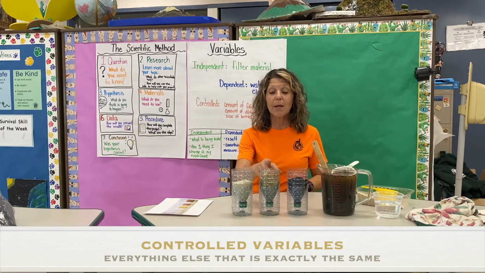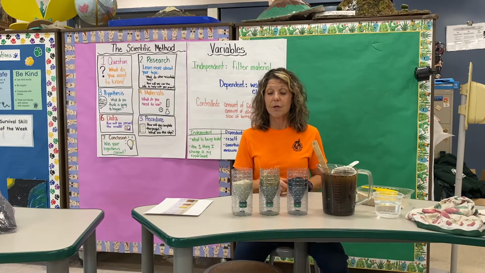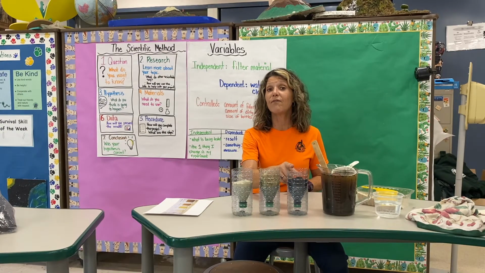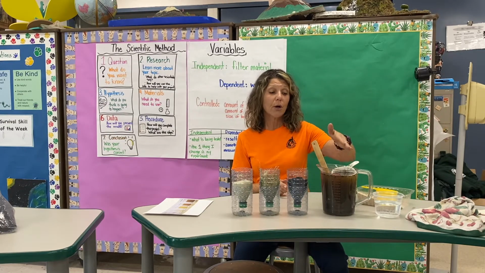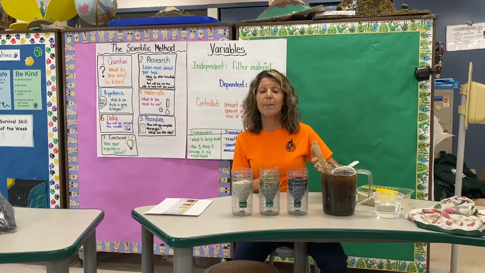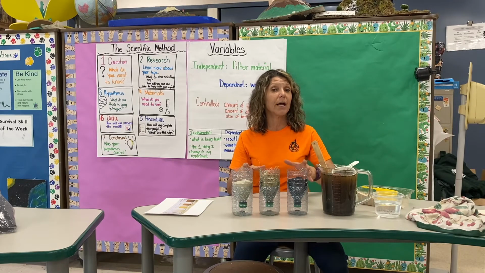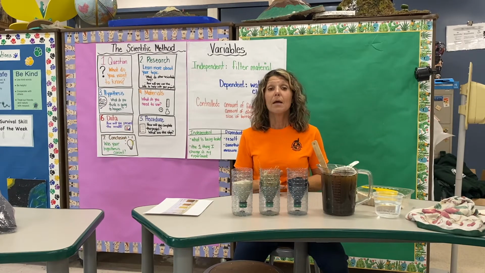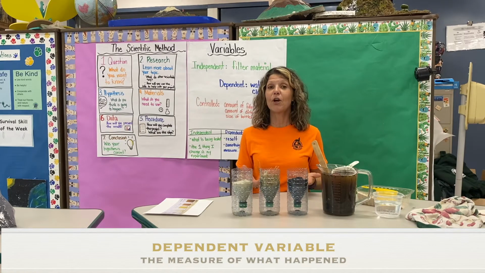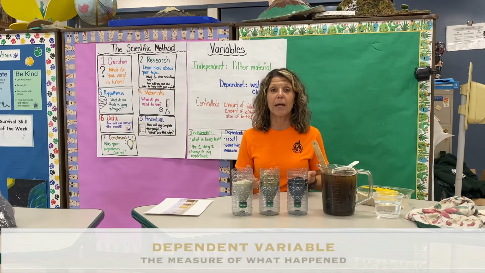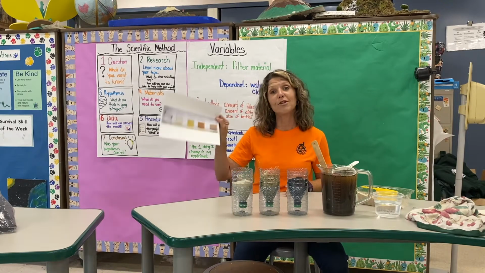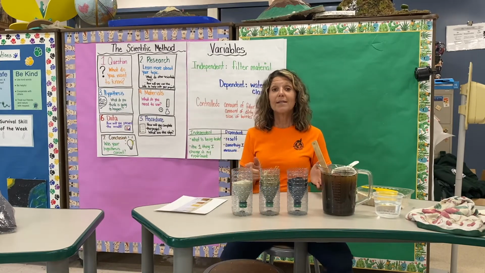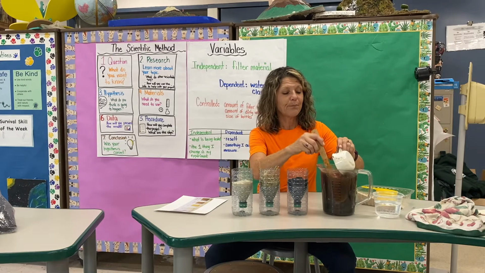The same size filters, the same amount of filter material, the same amount of water, stirred exactly the same, and all of the processes that I go through, okay? Now, my dependent variable is what I am measuring, and I am measuring the clarity of the water, and that's why this chart will come in handy. So let's get started, okay?